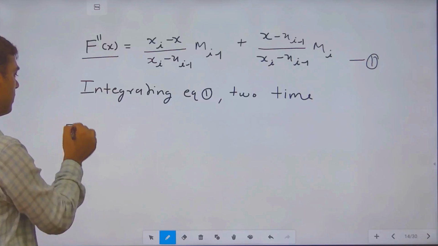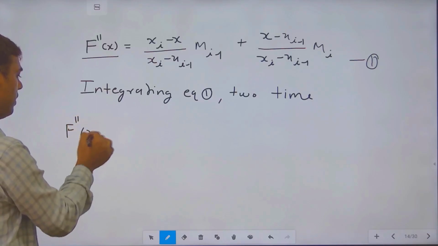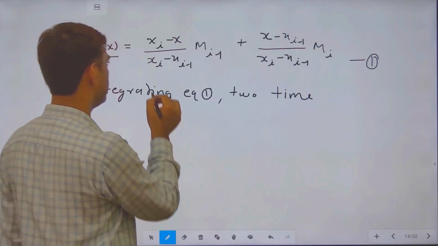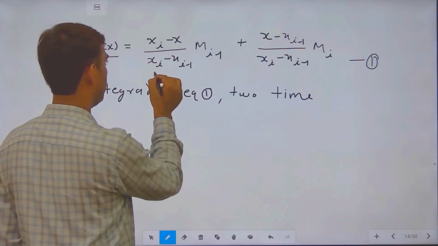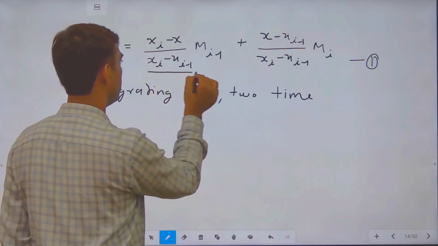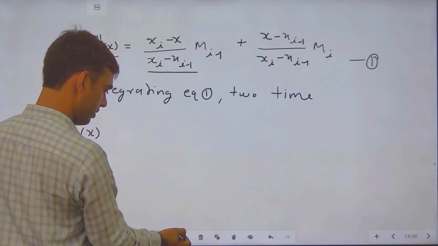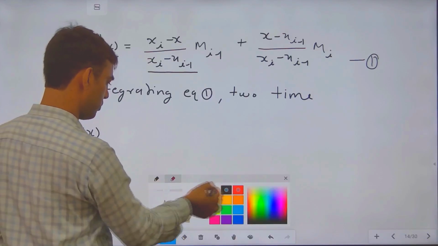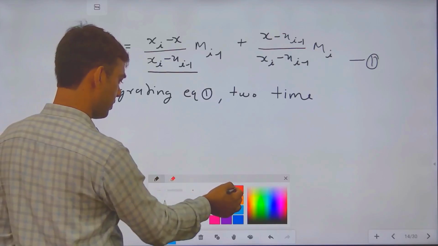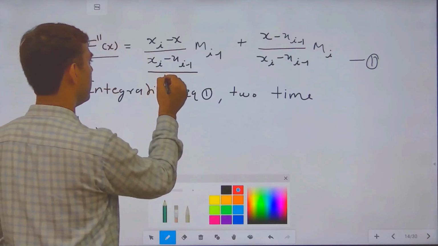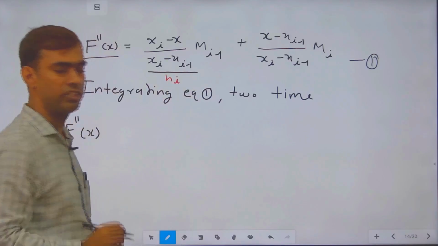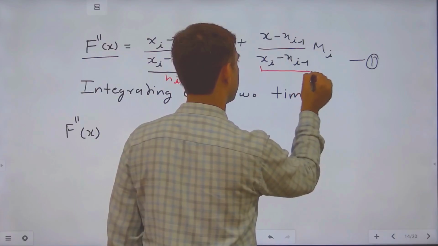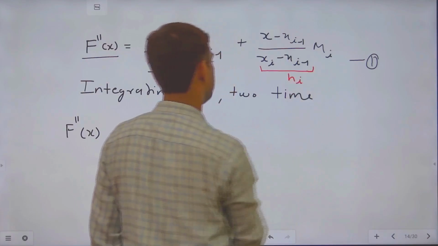For the sake of simplicity, we may write x_i minus x_{i-1} as h_i, the length of the class interval. h_i is a constant.